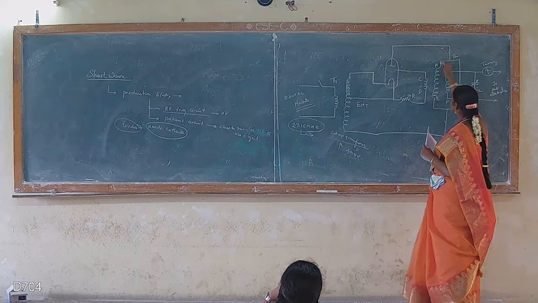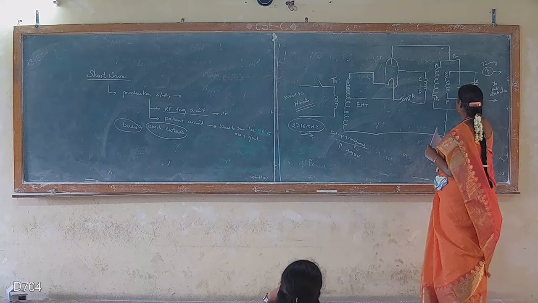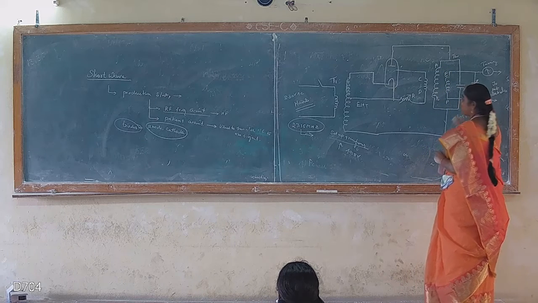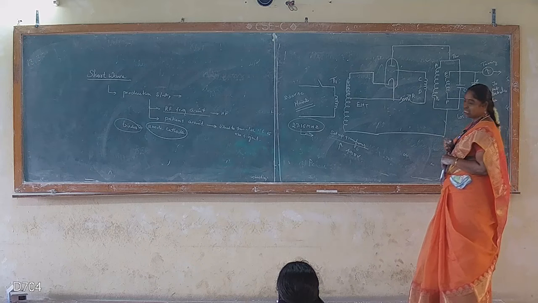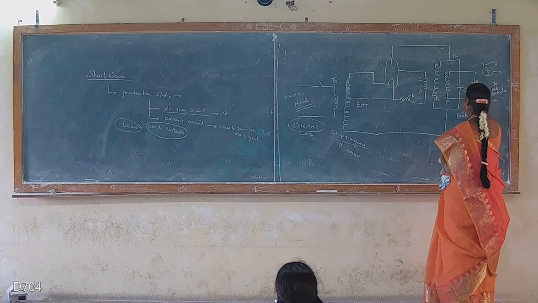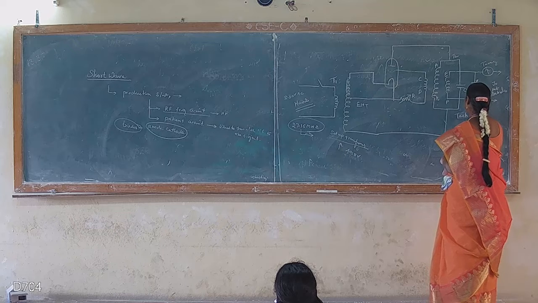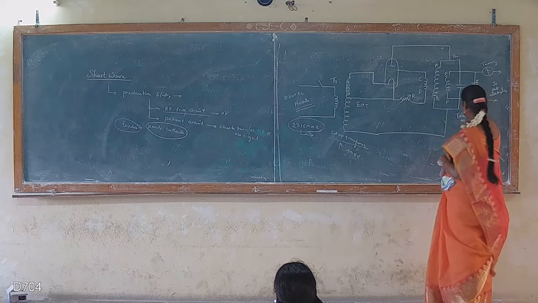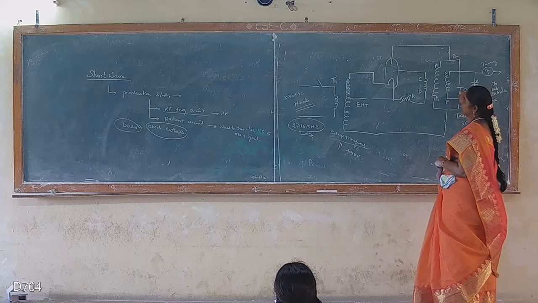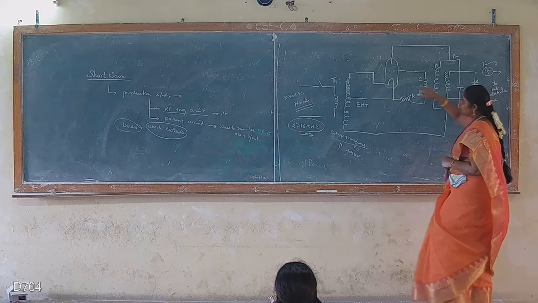But this AB along with the C1 provides the effect of a tank circuit. We know the function of the tank circuit: it is nothing but generally an LC circuit. So what will happen?